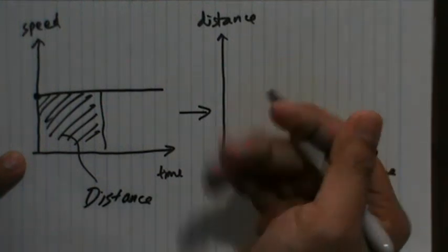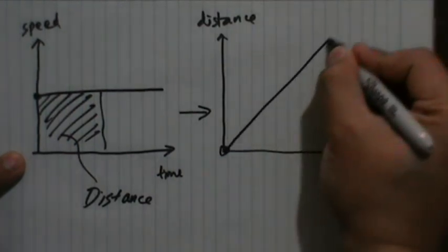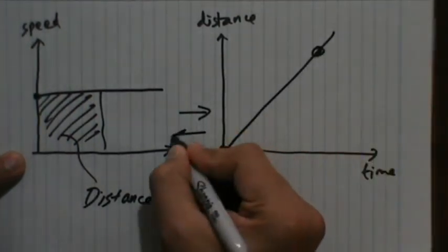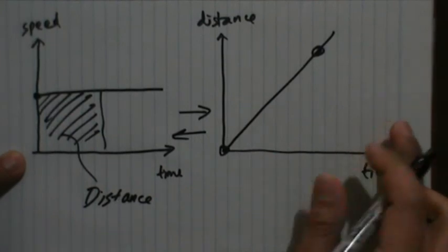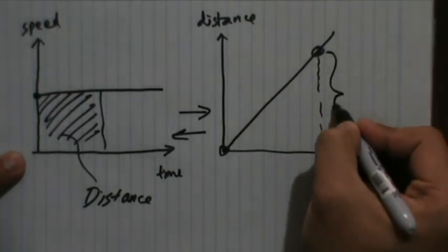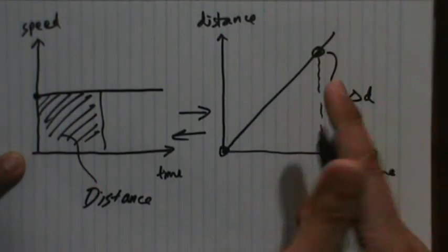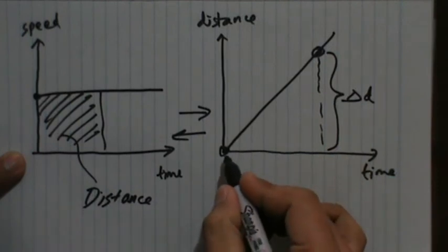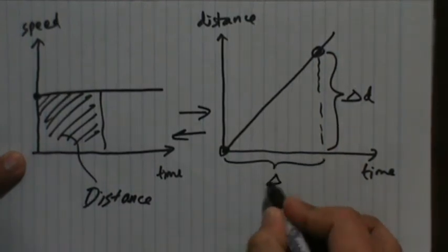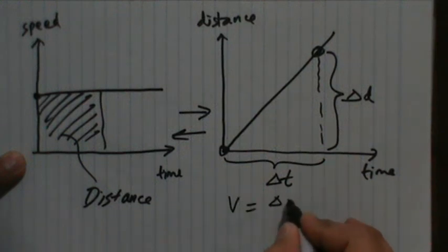But if you have a distance versus time graph and you want to get the value of the speed, you can find the slope. So it's the delta D in the vertical divided by delta T. So the speed will be delta D divided by delta T.